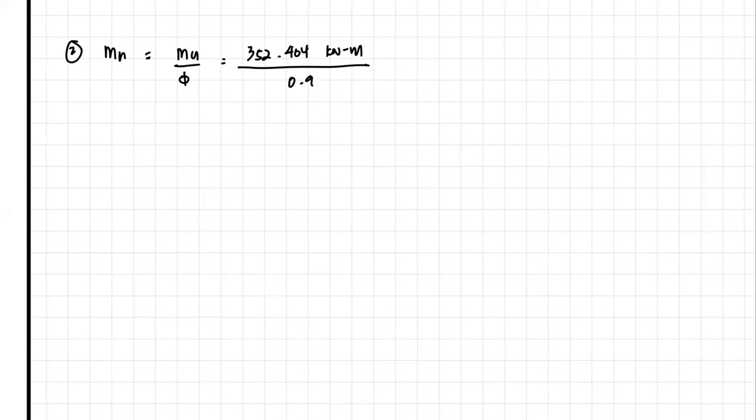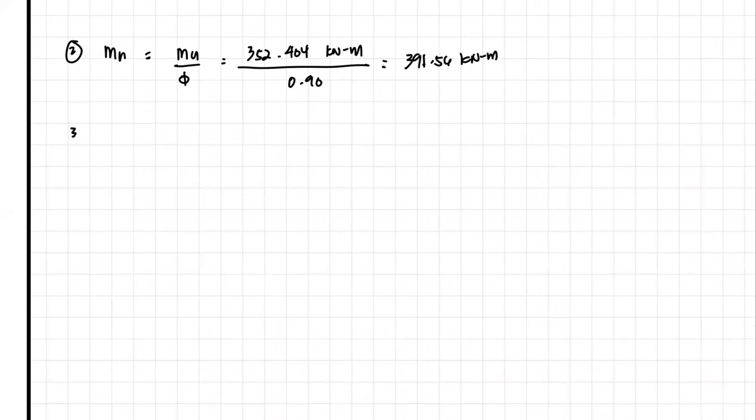So next step is to identify our Mn. So that is just Mu over phi, assuming nag-tension control tayo. So 352.404 kilonewton meter all over 0.9 will be 391.56 kilonewton meter.